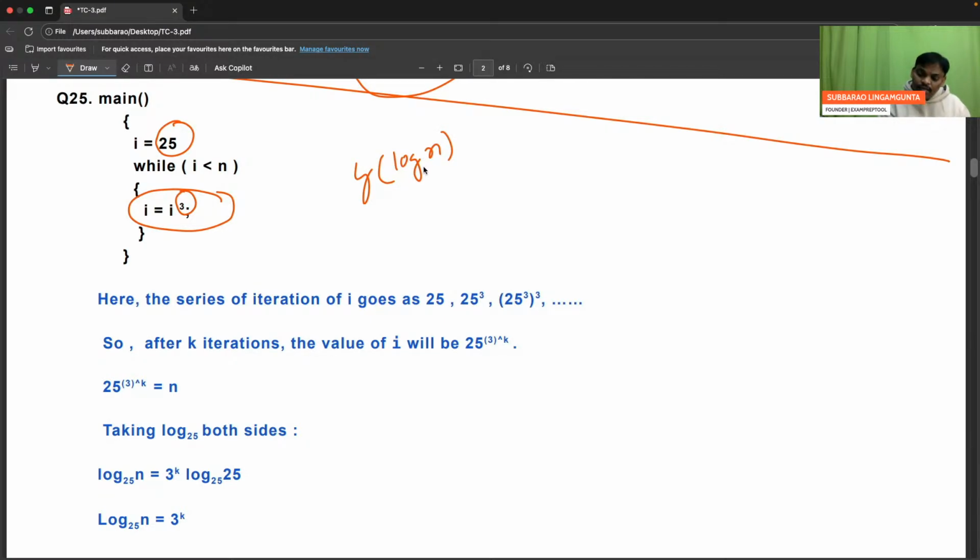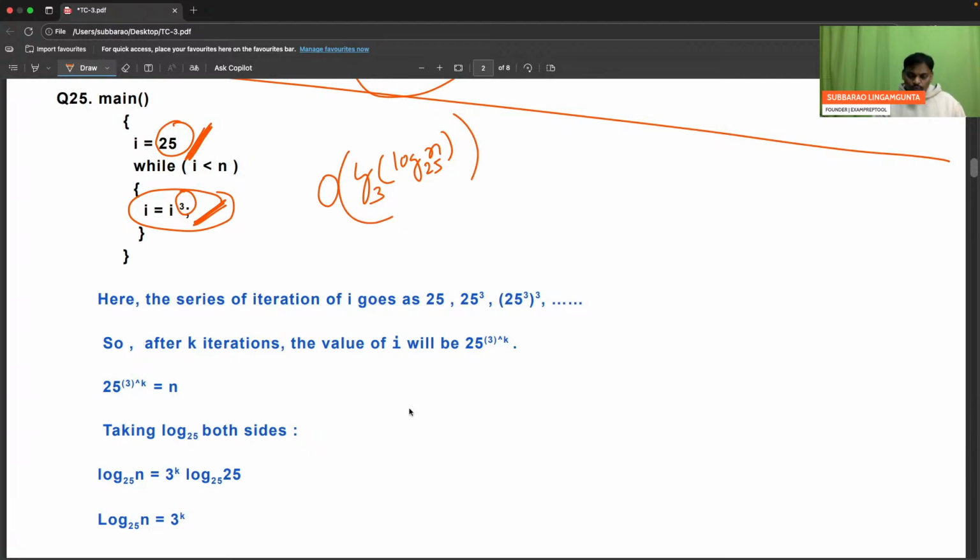Observe the inner base is 25 and the outer base is 3. This one is a power, so he will come after some time. But this one is direct, the starting itself, so inner one means starting, 25. The outer one will come lastly, so 3. So the answer is big O of log log n. If you want the base also, inner base 25, outer base 3.